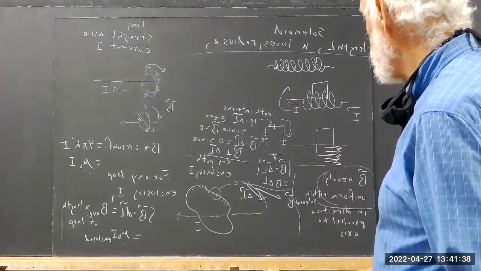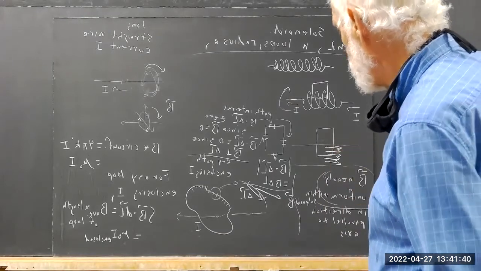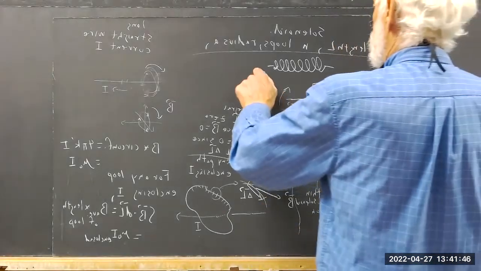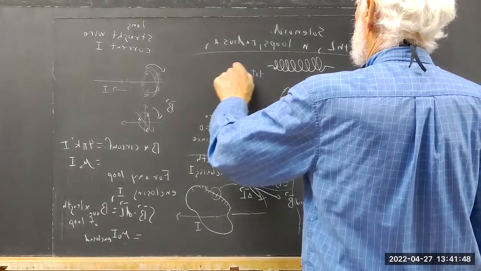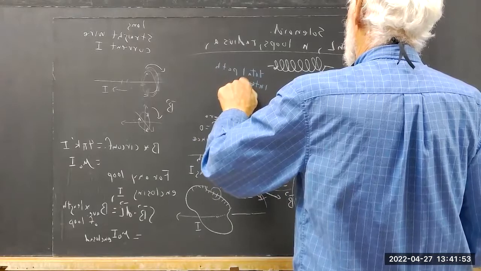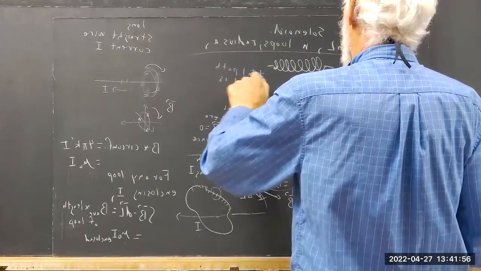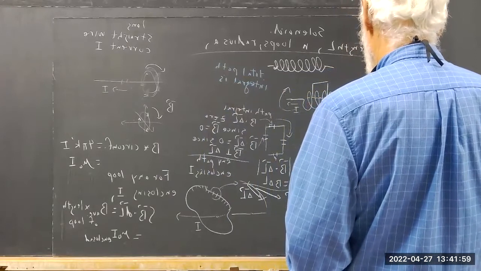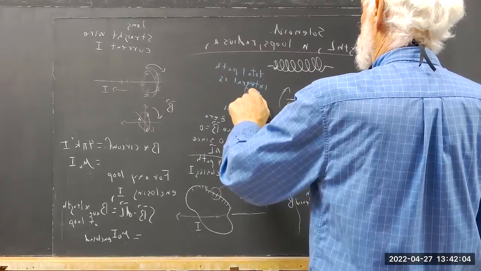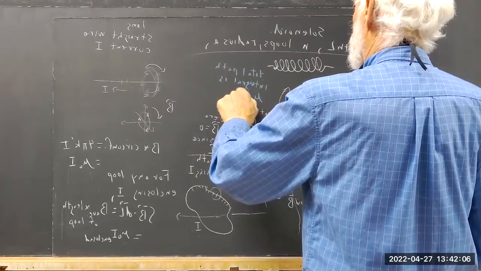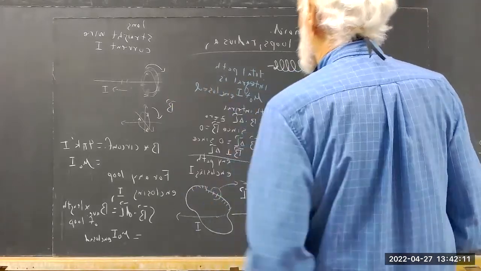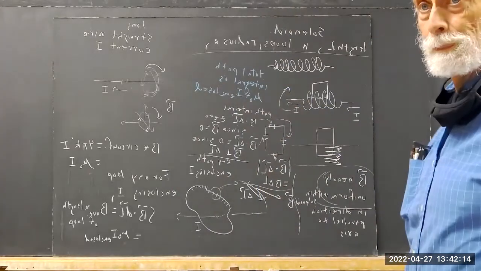Well, it implies that then a total path integral is, first of all, mu naught times I enclosed.